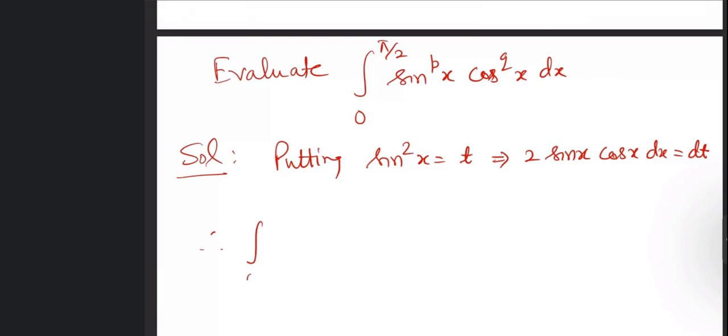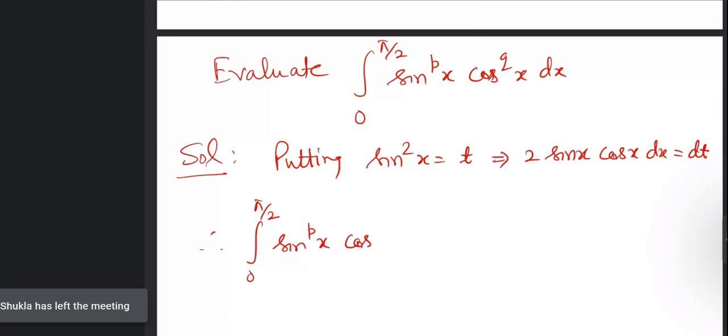Therefore, in the above integral from 0 to pi by 2, substitute sine square x is equal to t. So the limits also change. At x is equal to 0, t will become 0. At x is equal to pi by 2, t will become 1. So the limits also change.